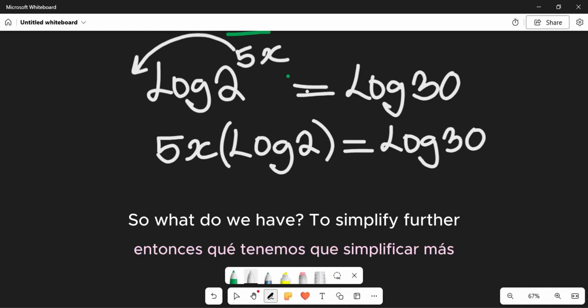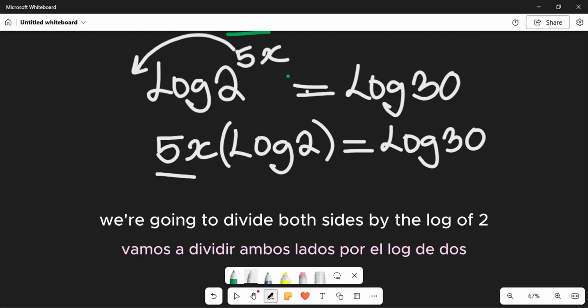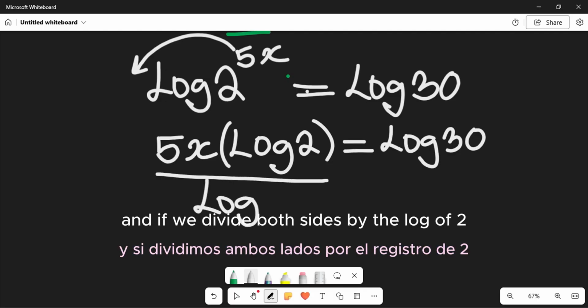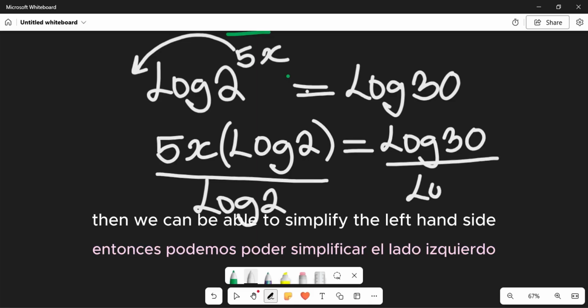So what do we have? To simplify further, we're going to divide both sides by the log of 2. If we divide both sides by the log of 2, we can simplify the left hand side.